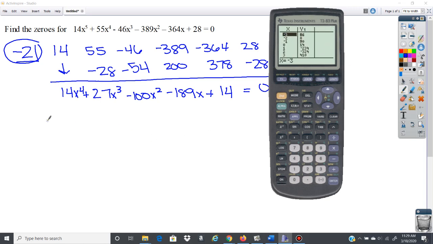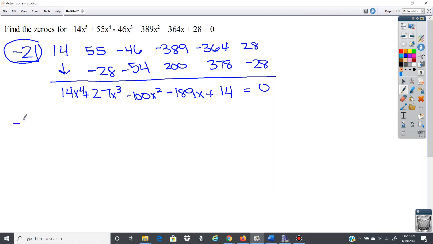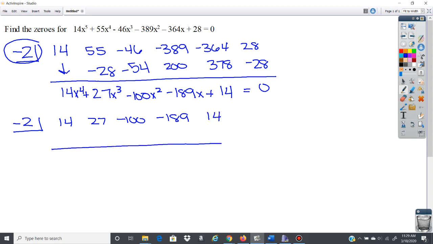So now I'm going to go back here and divide out the -2, but this time with my quartic function. So 14, 27, -100, -189, 14. All right, so I'm going to pull this down. 14 times negative 2 gives me negative 28. That's going to give me negative 1. Negative 1 times negative 2 gives me a positive 2.